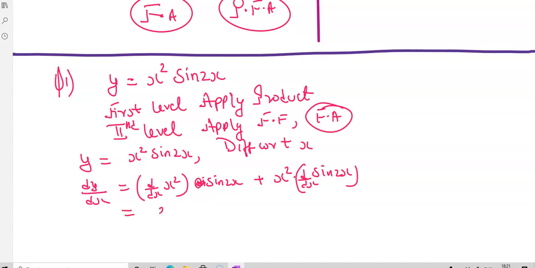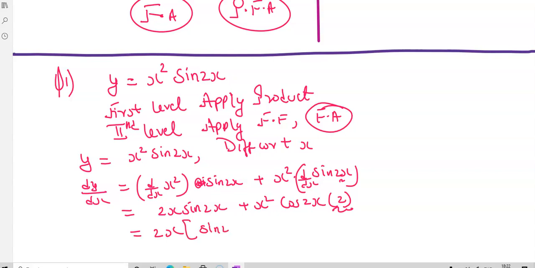This gives me 2x into sine 2x, x square as it is, derivative of sine 2x is cos 2x. Students miss this 2, the coefficient of 2x is 2, since 2x is the function, we have to see that. Now I can take 2x common, it is sine 2x plus x cos 2x.